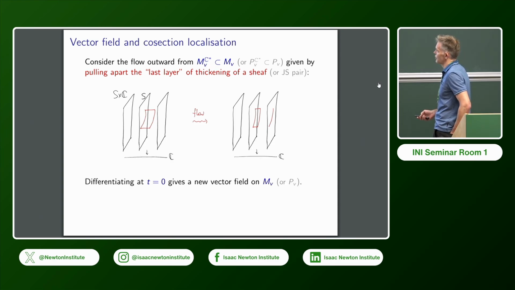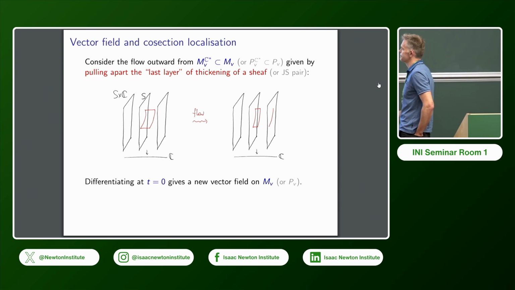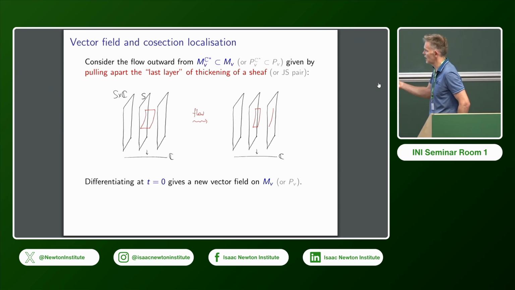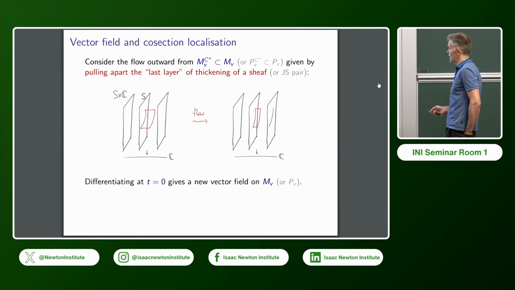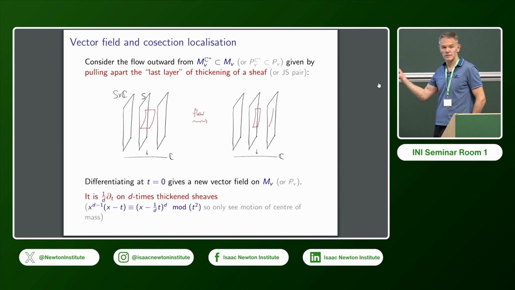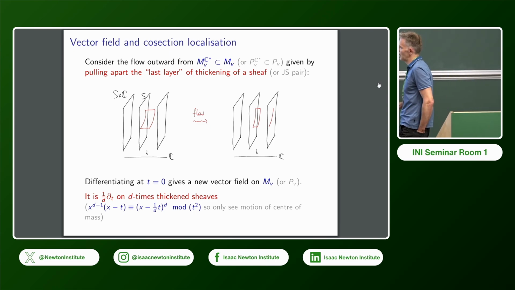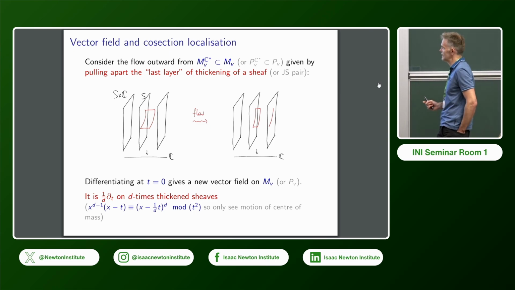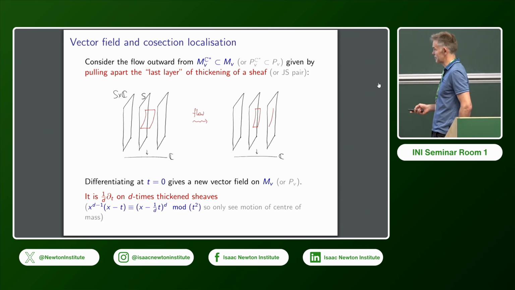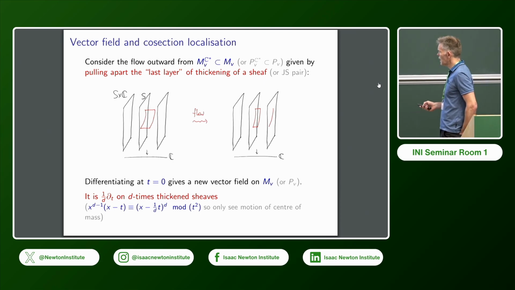All right, so you can define that rigorously, and then you can differentiate this flow at t equals 0 to get a vector field on your moduli space. And here's the miracle. If you don't spend your life doing Artinian ring geometry like I do, then this is a big surprise. Amazingly, this vector field is the same as this vector field on these uniformly thickened sheaves.